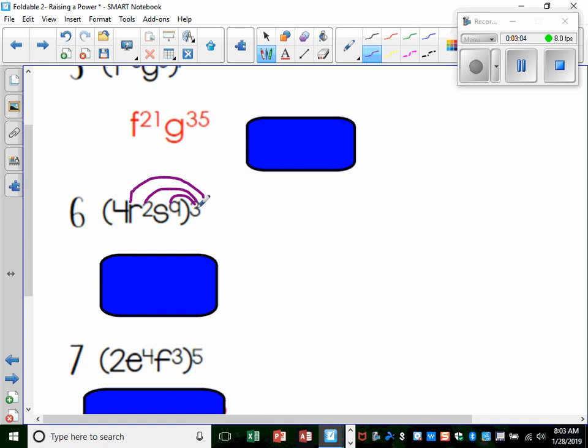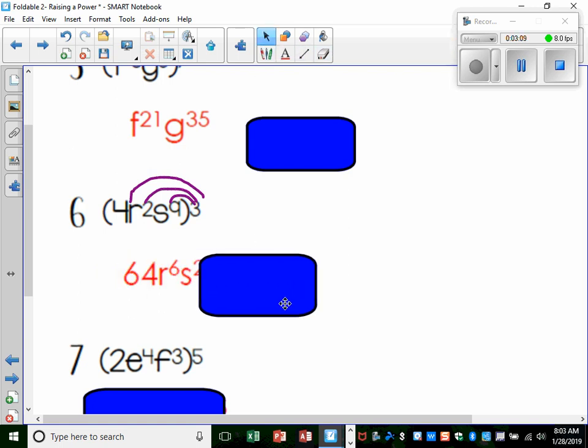So 1 times 3 is what? 3. So 4 to the third power is 64. If you do 4 times 4 times 4, or just raise 4 to the third power on your calculator, you get 64. Okay, please don't multiply 4 times 3, because that's going to give you 12, and that's not the right answer. You're raising the exponent, the power, to the power. So that gives you 4 to the third power, 64. 2 times 3 is 6, and 9 times 3 is 27.